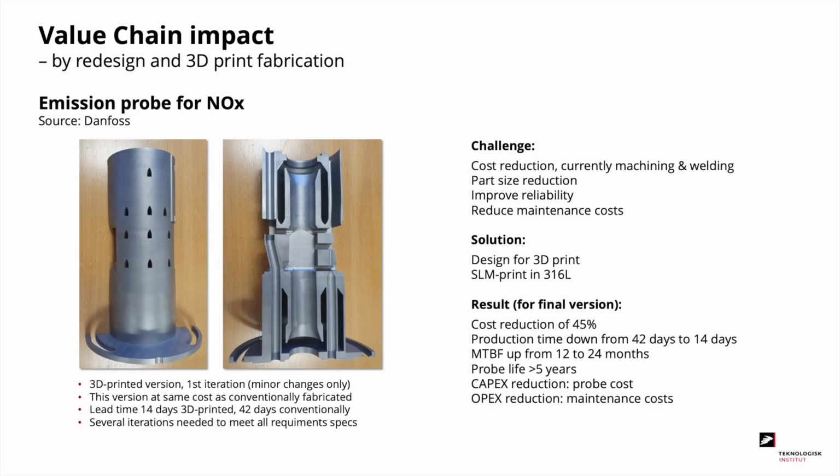The result for the final version, we had more iterations, was a cost reduction of 45% and a reduction of the production time and an increased mean time between failure from 12 to 24 months, while we still maintain a probe life of above 5 years. The capital expenditure reduction was caused by the reduction in the probe cost, and the operating expenses were reduced by reduction of the maintenance costs.